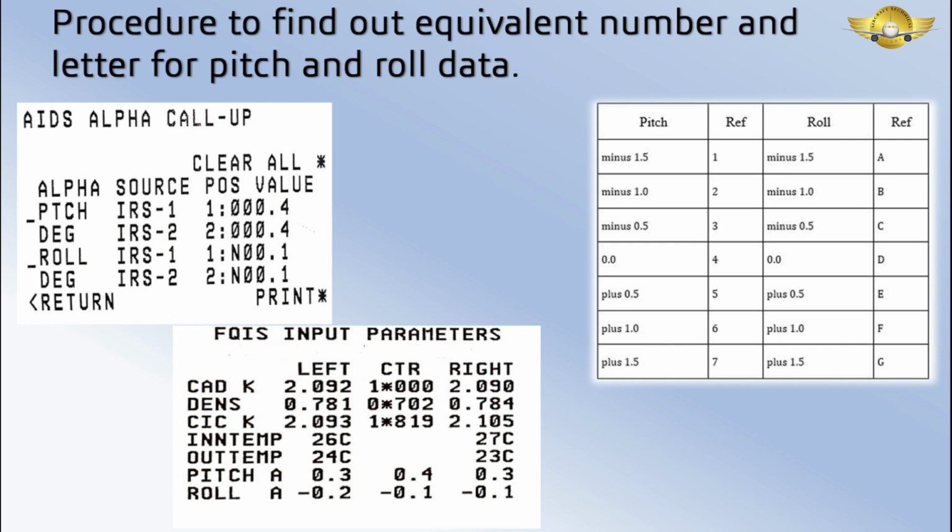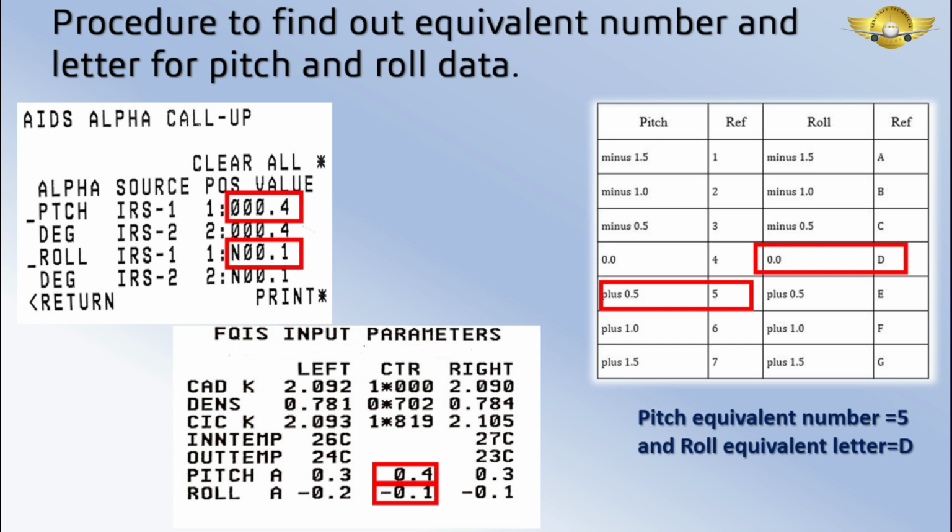Use the aircraft pitch and roll data to find out the equivalent number and letter as given in the table. As we find out, pitch data is plus 0.4 and roll data is minus 0.1. So according to the table, the equivalent pitch data number is 5 and the roll data letter is D.